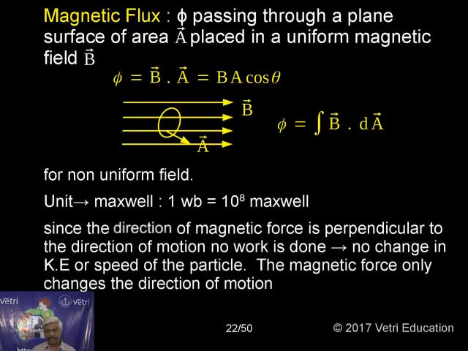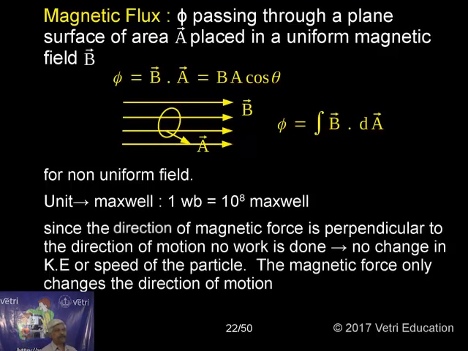What is magnetic flux? Magnetic flux is always a scalar quantity. It is the number of flux lines crossing the entire area, that is, the flux passing through a plane surface of area A placed in a uniform magnetic field. So I put parallel lines; the parallel lines indicate that the field is uniform.